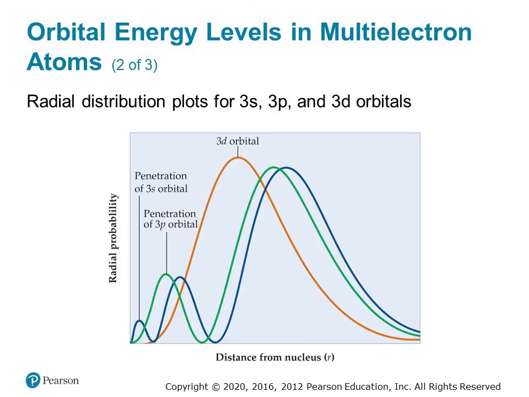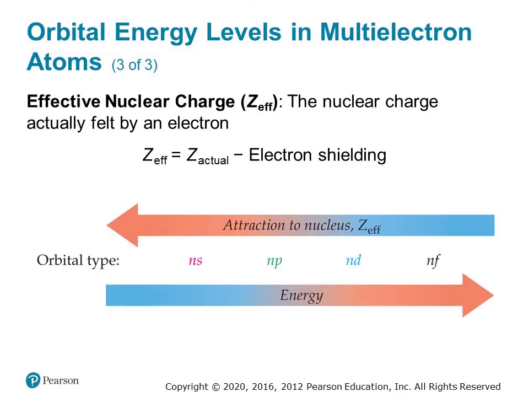Looking at a radial probability plot for the three subshells under n equals 3, the 3s, 3p, and 3d orbitals, we can see that the s orbital has the highest probability of holding an electron close to the nucleus, while the probability lowers for the 3p orbital and is even lower still for the 3d orbital. This means that the orbital types are affected differently by the electron shielding in a multi-electron atom.